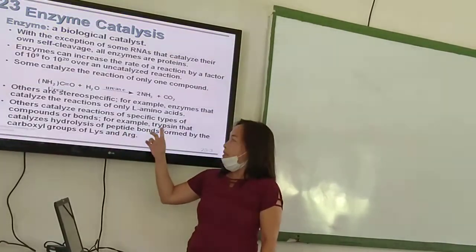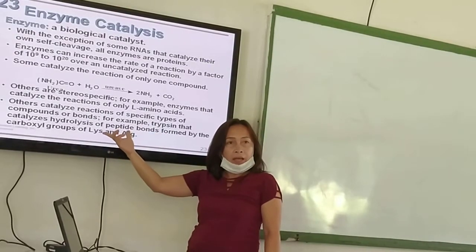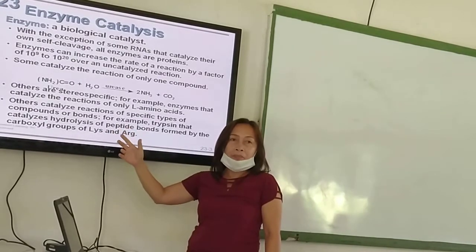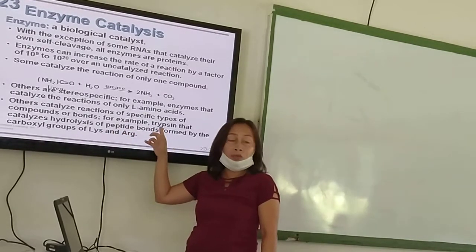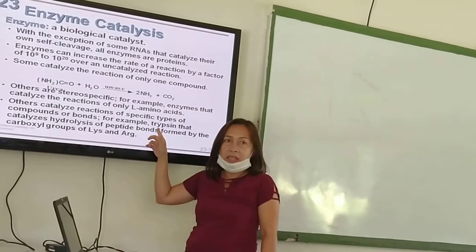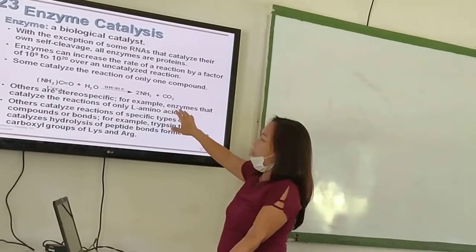This trypsin will only recognize this dipeptide. Other amino acids bonded with a peptide bond will not be recognized by this trypsin. So that is how specific this enzyme is. The same is true with others.